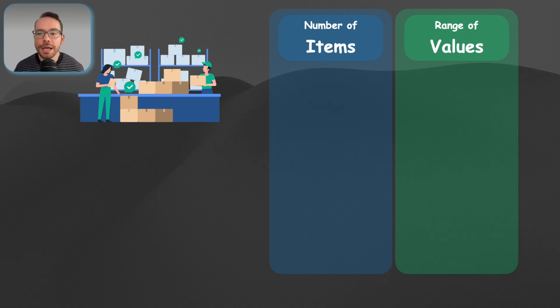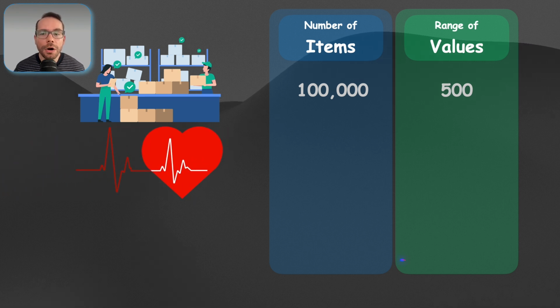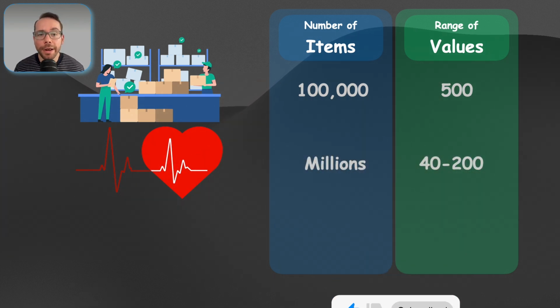The number of unique items easily exceeds 100,000, but each individual item's stock level would typically be in a reasonable range of a few hundreds. Now, if you consider a healthcare app, the heart rate measurements typically range between 40 and 200 BPM, while you might have millions of users in that application.